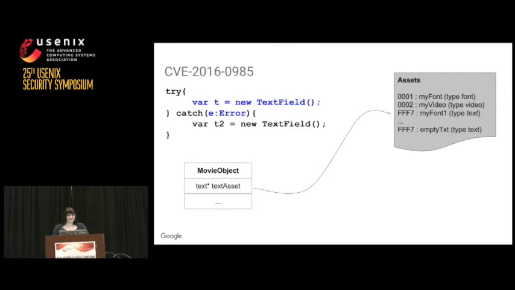But the thing is, I think they really wanted to throw a fatal error here because they didn't consider what happens if you can catch it. So you catch it, and then you create a new text field, and this time it creates the pointer to this font again, but now the type's been changed. So that's type confusion again. You're casting a text field to a font.